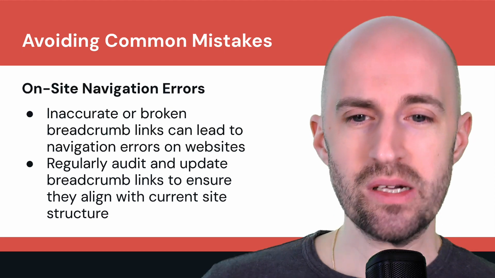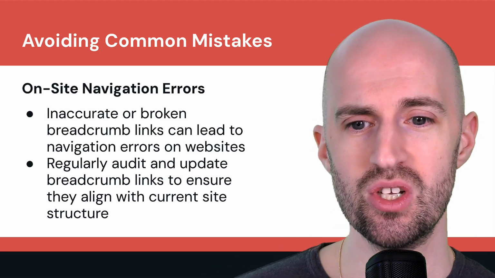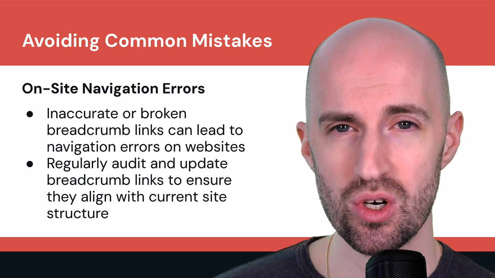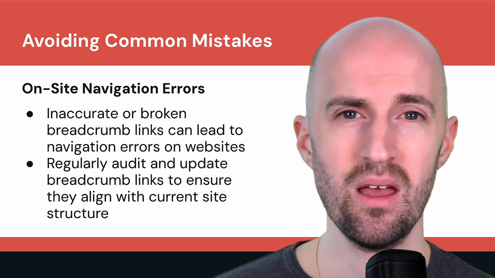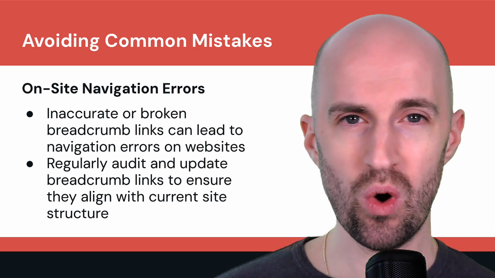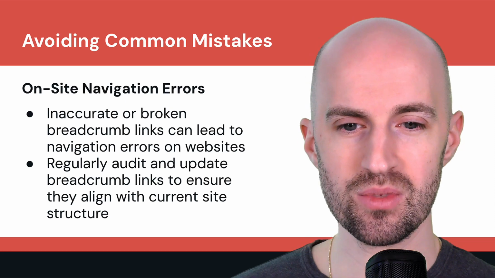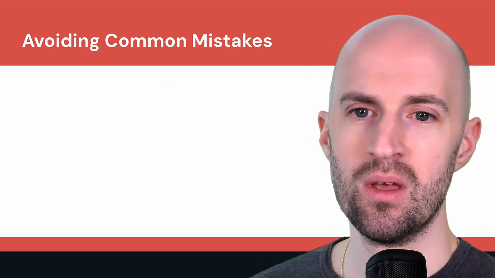So you want to regularly audit and update breadcrumb links if you do it manually to ensure that they align with the current site structure. If it's automatically created, then still make sure that the structure reflects how you want it to, because it will spill over into the breadcrumbs and how they look.